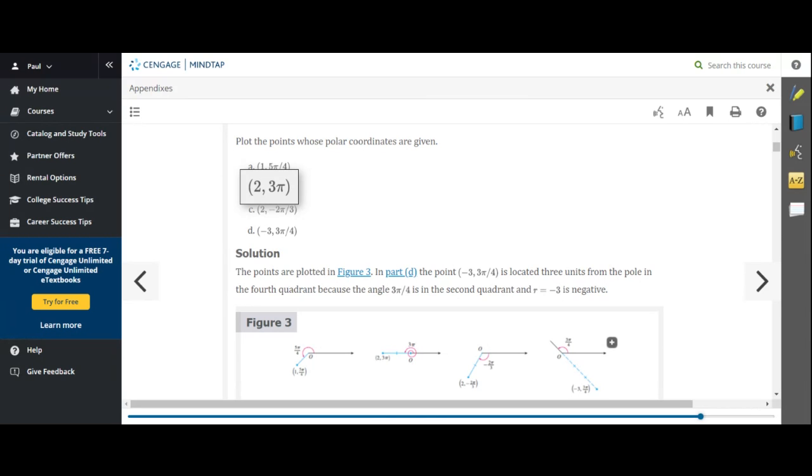So then if you go 180 degrees more, that gets you 540 degrees. So in figure 3, the second picture, they measure 540 degrees, or 3 pi, and then they move out a radius 2. Is there any question on the second picture in figure 3, where they graph the polar coordinate? All right, let me know if there are any questions.